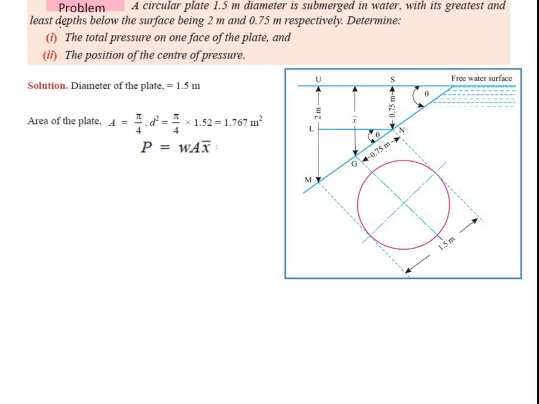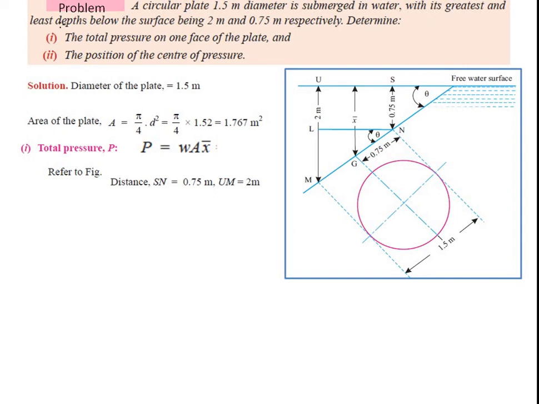Now again, we know that diameter of plate is 1.5 meter, so area is nothing but pi by 4 d square, and it is nothing but 1.767 meter square. Now we know that P is equals to W into A into x bar. So referring to the figure, we know that distance SN is nothing but 0.75 meter.